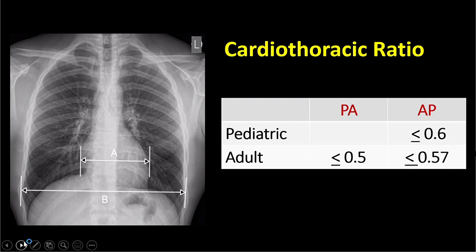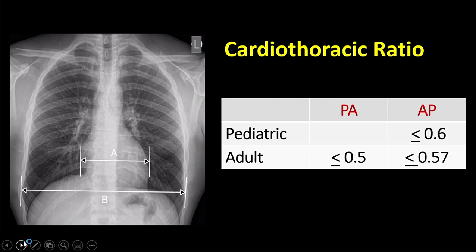So again, for the cardiothoracic ratio, when you do PA for the adult, it should be 0.5 or less. For 0.51 cardiothoracic ratio, we call it top normal. It depends upon the radiologist, but for me, when the cardiothoracic ratio is already 0.52, I already call it mild cardiomegaly.